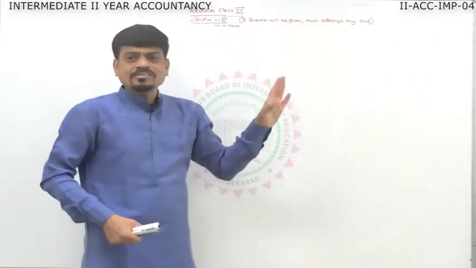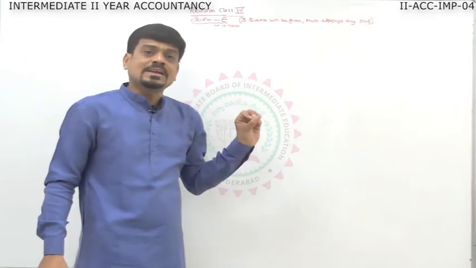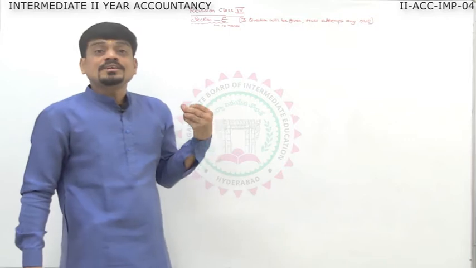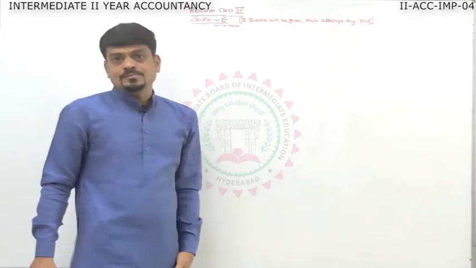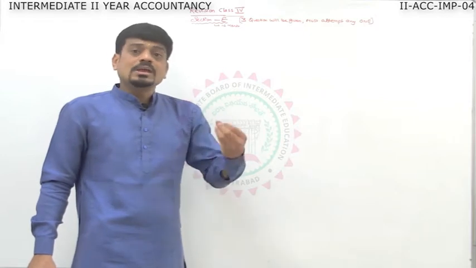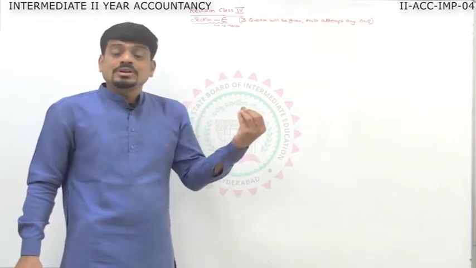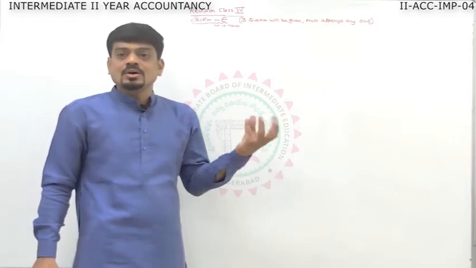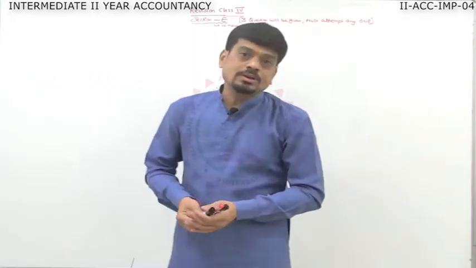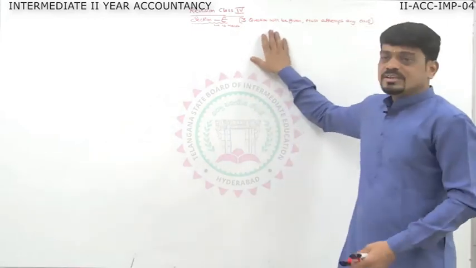One, mostly it will be difference between consignment and sale. Other one, it can be difference between receipts and payments, and income and expenditure. And sometimes it may be a question related to differences between computerized accounting and manual accounting also. Those are the three important questions which we expect in this section.